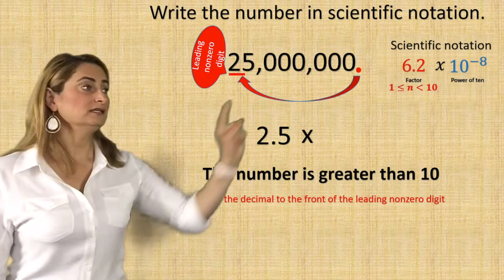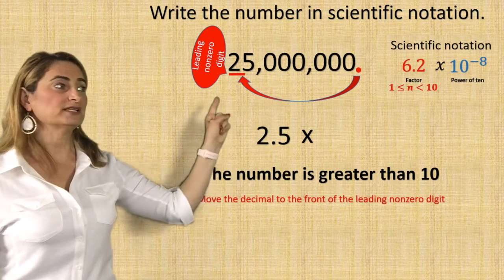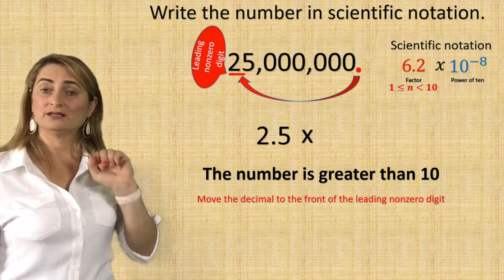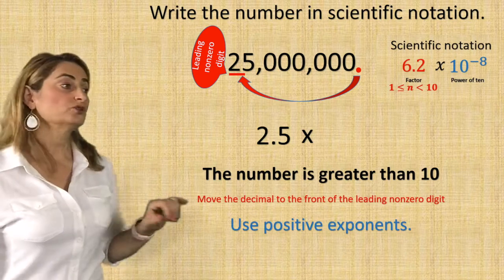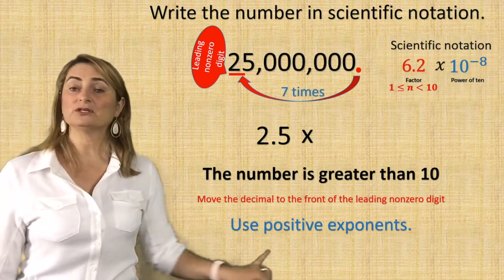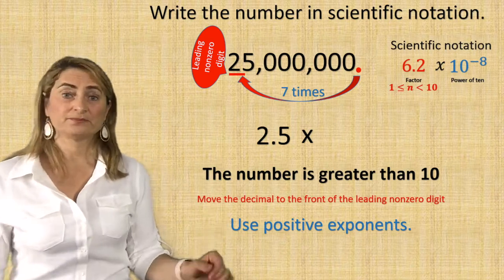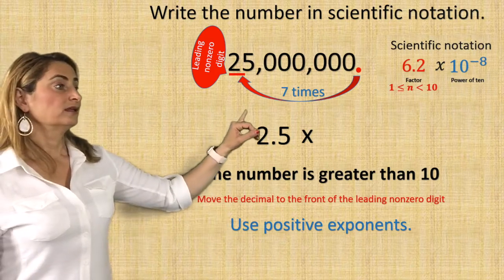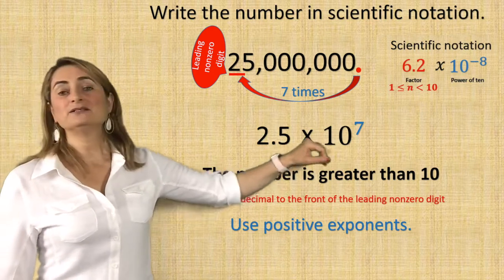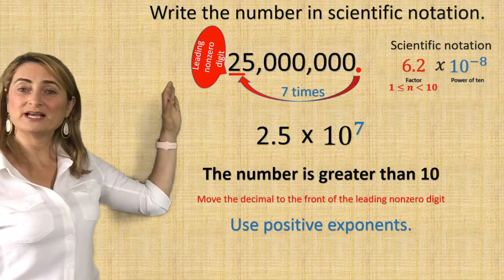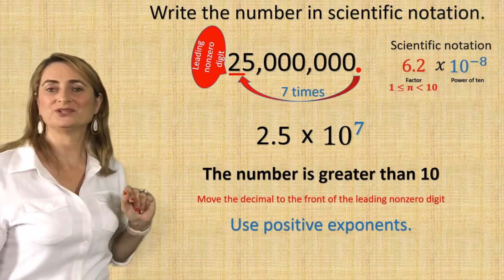Count how many digits did you move the decimal to the front of the leading non-zero digit. You moved it 7 times. So now use positive exponent because positive exponents is an indication for bigger numbers. So you multiply it by 10 to the power of 7, and that's how you write the number from standard form to scientific notation form.